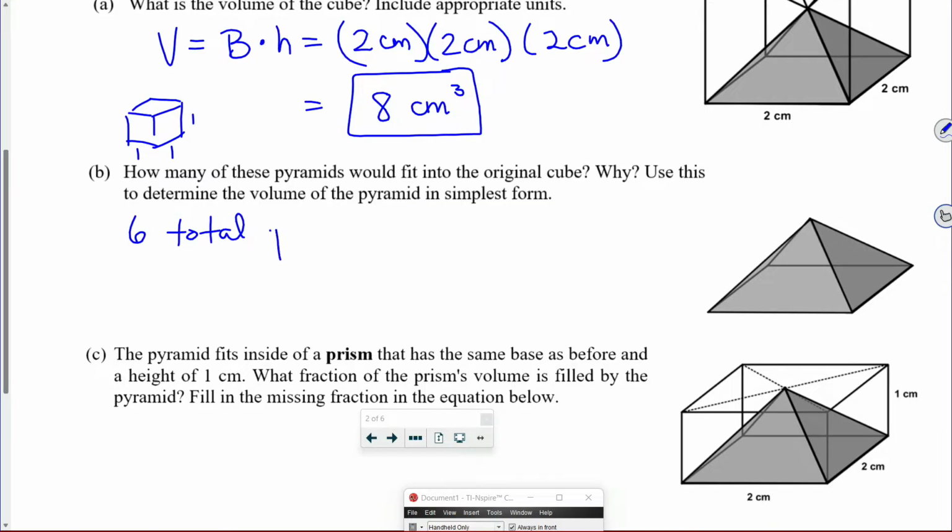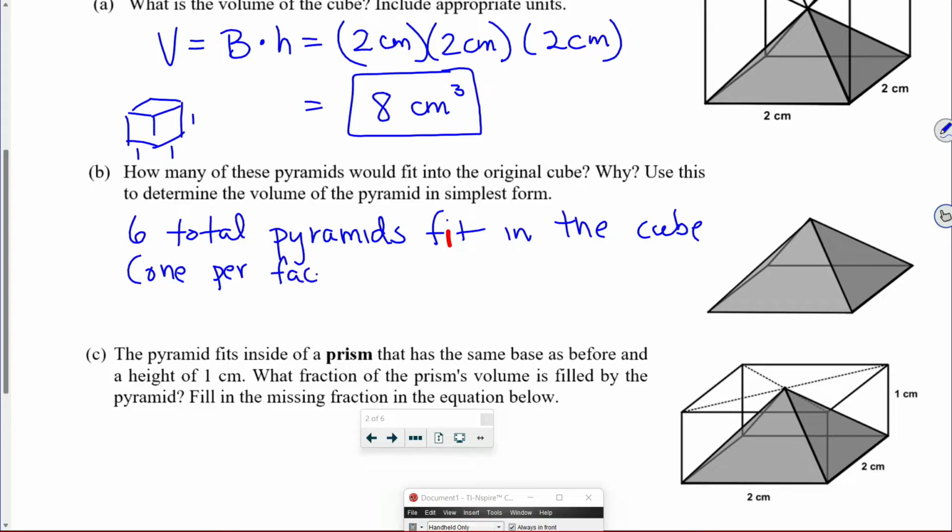6 total pyramids fit in the cube. And I'm going to say 1 per face.